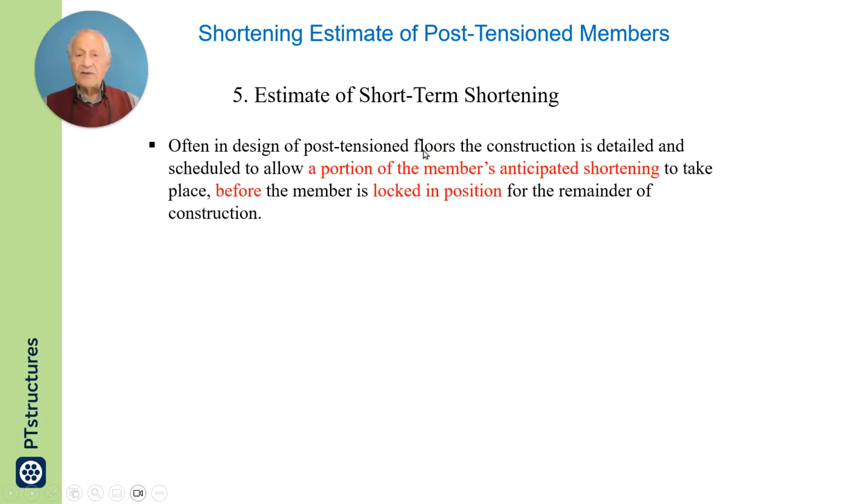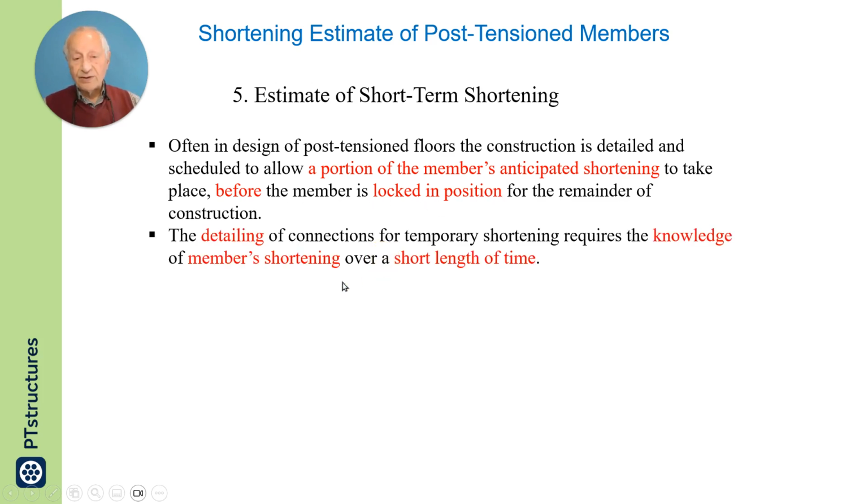Often in design of post-tension floors, the construction is detailed and scheduled to allow a portion of the members' anticipated shortening, the 3/4 inch per 100 feet, to take place before the member is locked in position for the remainder of the construction.